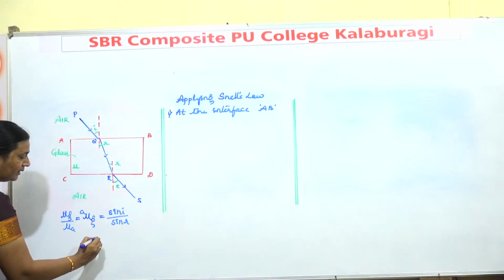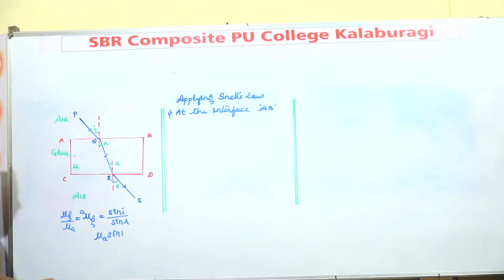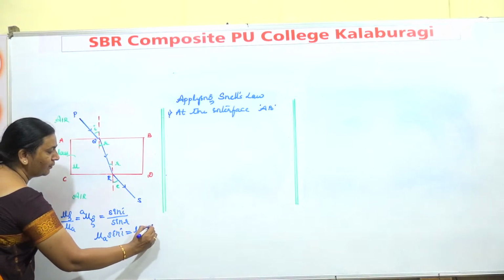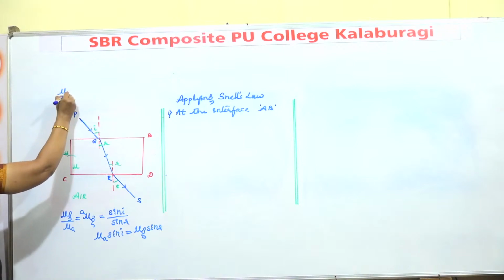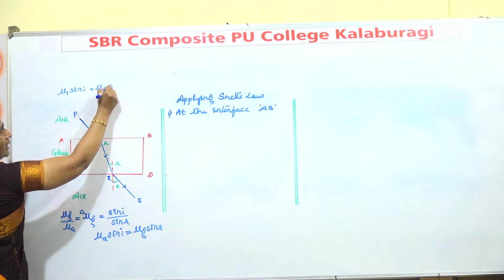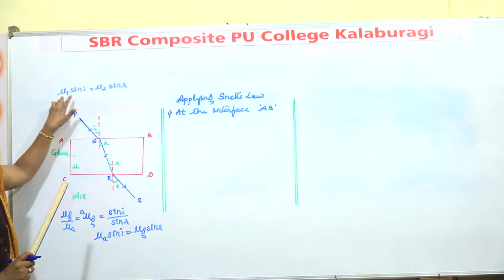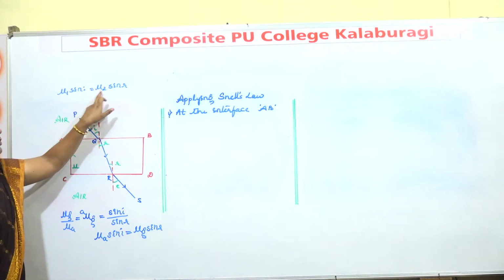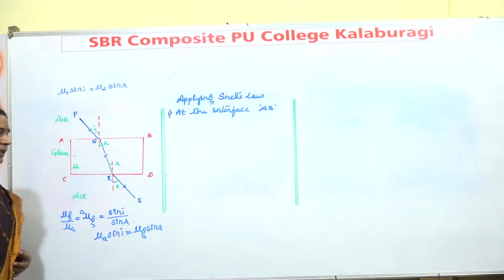So what can I write? Mu of air into sine I equal to mu of glass into sine R. Or in general we can write mu1 sine I equal to mu2 sine R. It is easy to remember because mu1 is the medium where you are taking angle I, and mu2 is the medium where you are taking the angle of refraction R. You can remember however you feel comfortable.